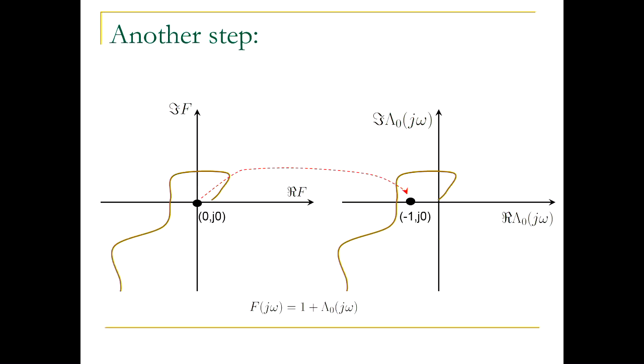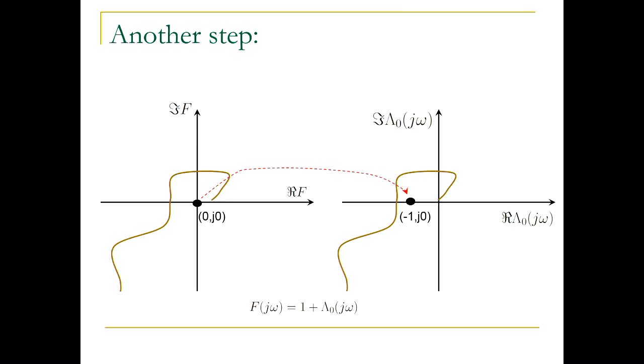But note, what is F? F is just 1 plus lambda 0. So instead of plotting F, I would decide to plot just the lambda 0 frequency response, and then instead of talking about F encircling the origin, I can talk about lambda 0 encircling minus 1, j0.